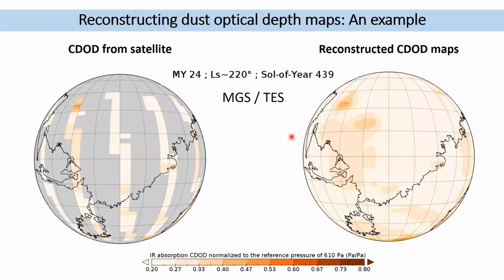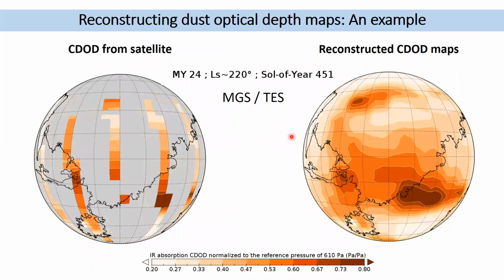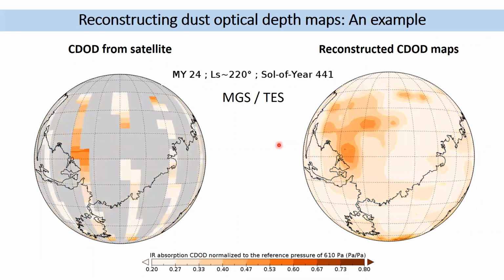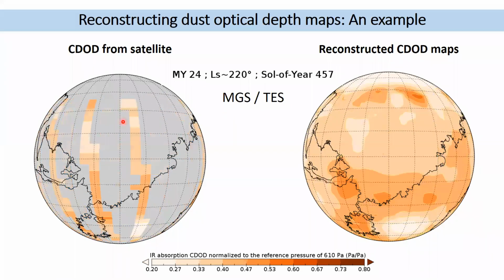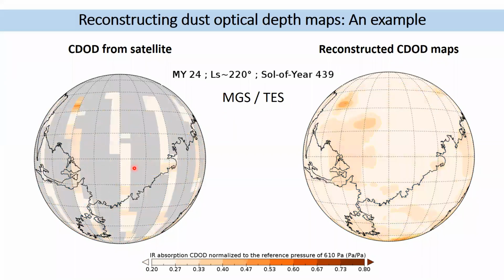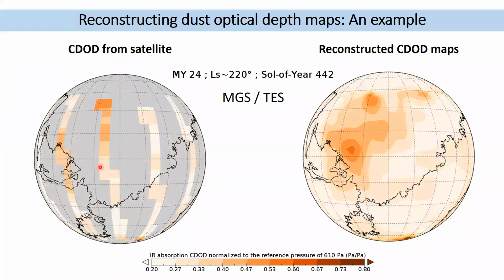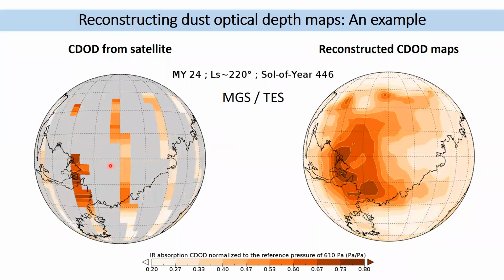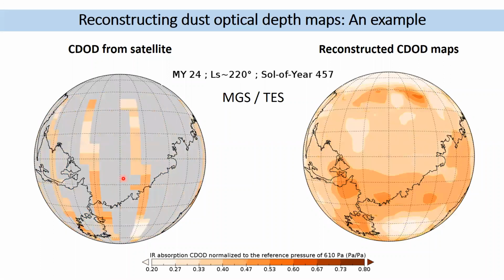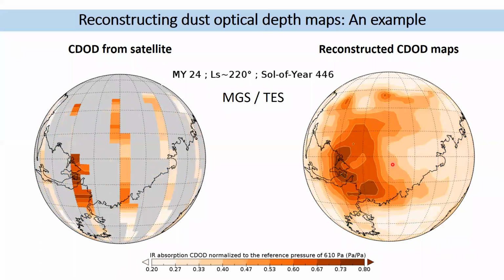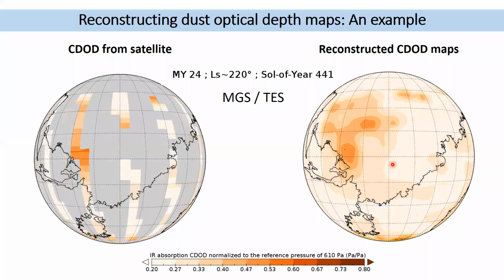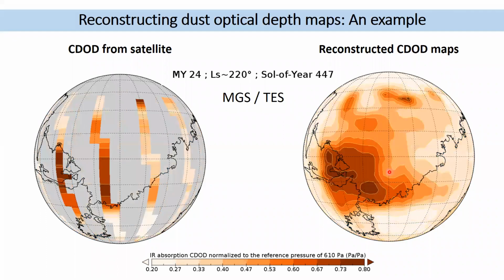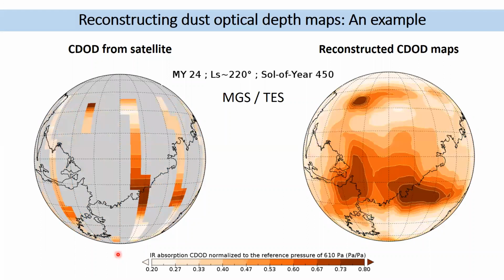In fact, let me show you, I hope the movie shows well. Let me show you what a column dust optical depth from a satellite looks like on the left animation, and we reconstructed maps of column dust optical depth on the right side. When we observe with a sun-synchronous satellite, we observe this kind of picture, which is very sparse.